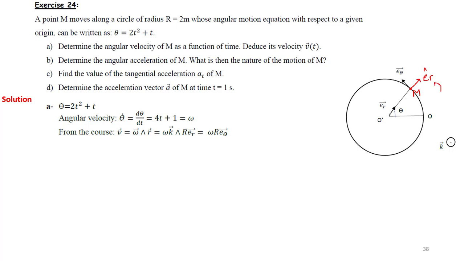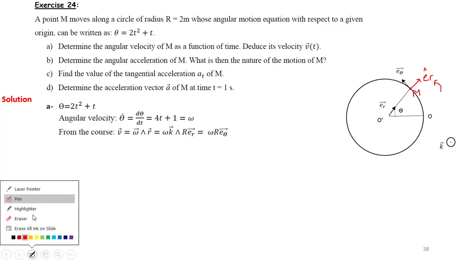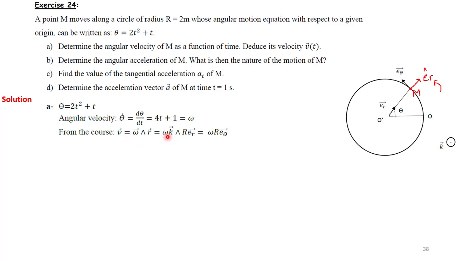The rotation is in this direction, so the right hand rule will give us the direction of the angular velocity omega. Since our rotation is in the counterclockwise direction, then k will be pointing towards you. It's perpendicular to ER and E theta.